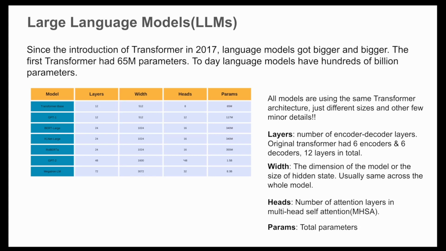Also, Megatron from NVIDIA had 72 layers, 3072 width, 32 heads, and 8.3 billion parameters. Megatron was designed by people at NVIDIA.